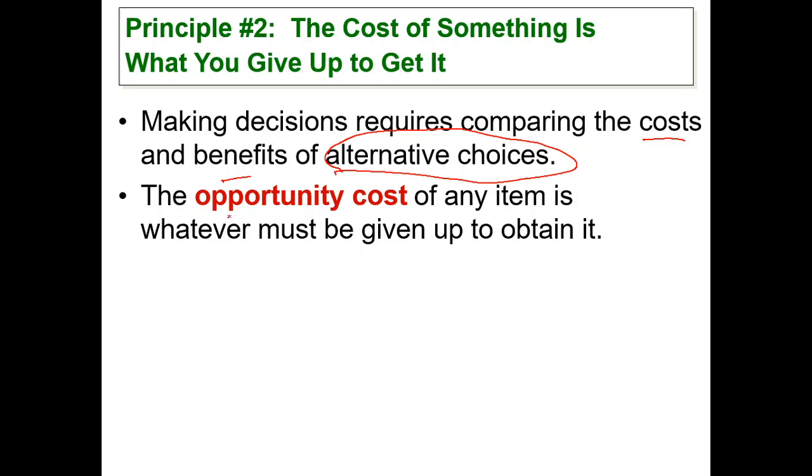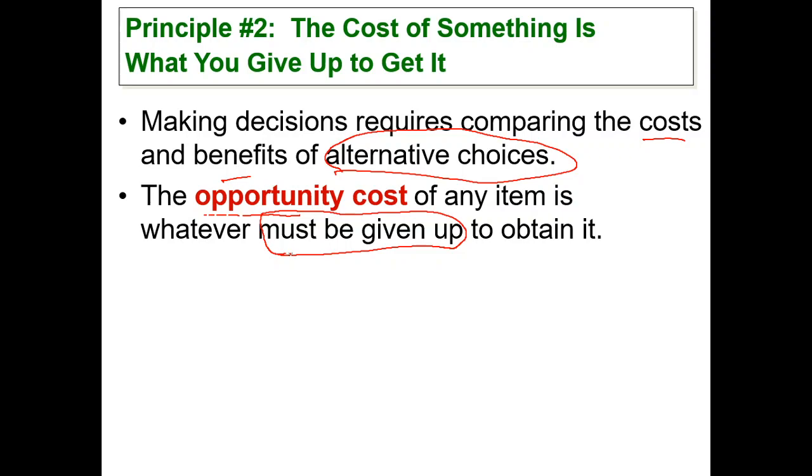So when we say opportunity cost, we're talking about the opportunity cost of any item is whatever must be given up to obtain it. Okay. When we want something, so we have to give up something that we have so that we can achieve that thing.